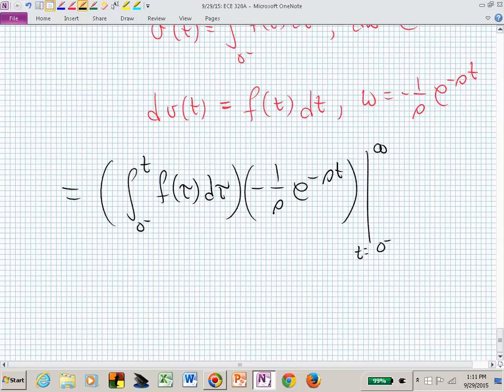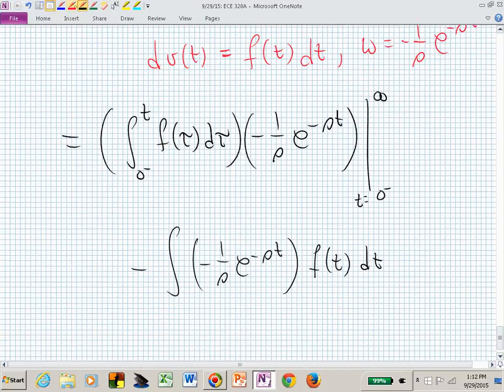And then we subtract the integral of w dv. So that now we have w as minus 1 over s, e to the minus st. dv is f of t dt. If I label some of these terms, this was our v, this was our w, so we have vw evaluated at the upper and lower limit.